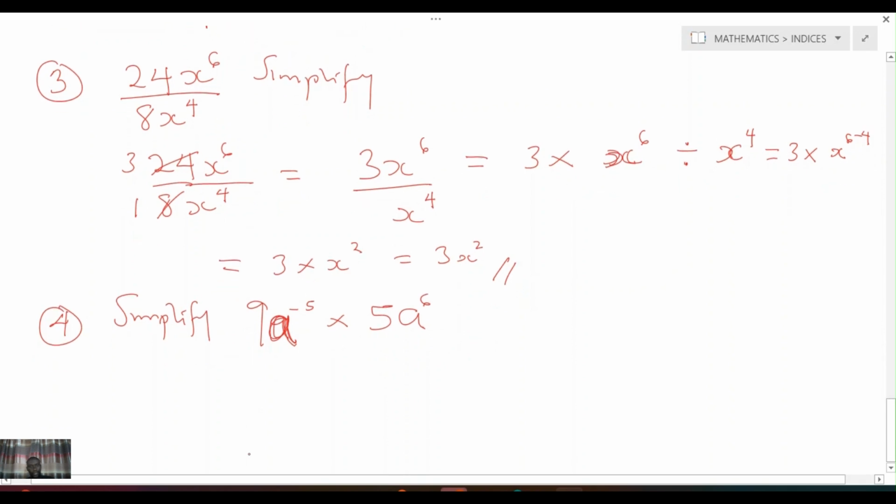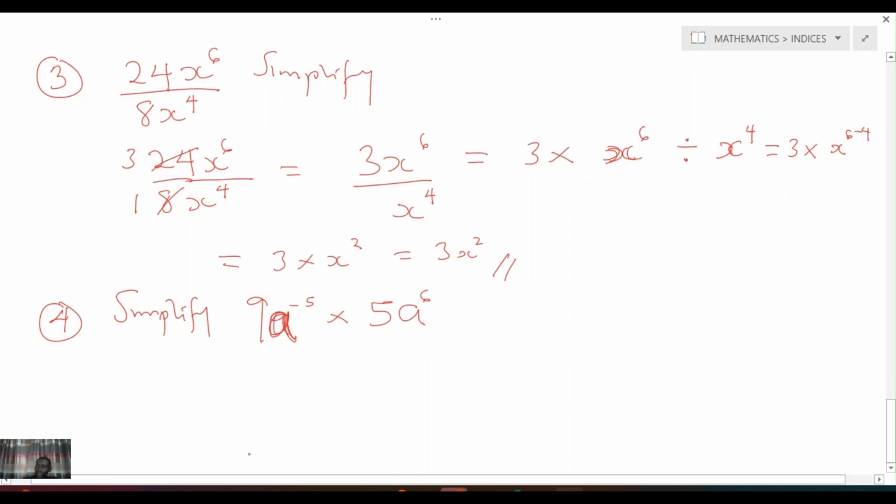Let's simplify this. We know that this is the same thing as 9 times a raised to power minus 5 times 5 times a raised to power 6.